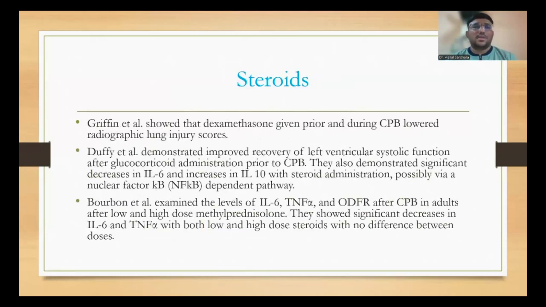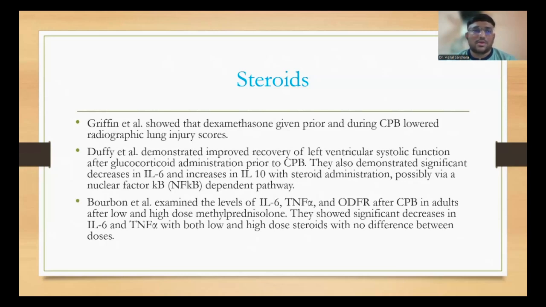Okay, steroids. There are various opinions. Dexamethasone given prior to CPB or prior to ECMO is lowering radiographic lung injury. But again, in view of sepsis or bacteremia, we need to be careful while injecting steroids.